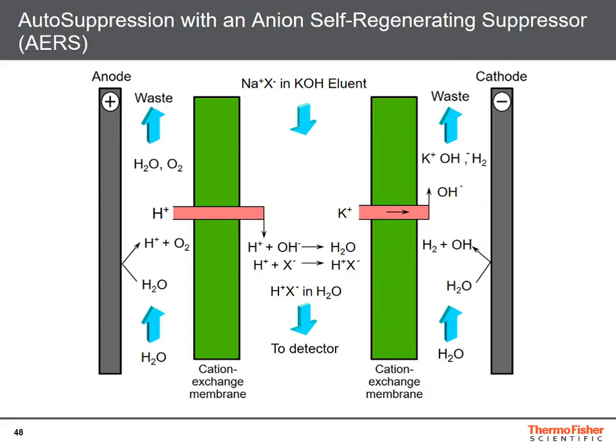Likewise, all the cations in my mobile phase, or the cations of my analyte species, are also migrating through the cation exchange membrane towards the cathode. In this way, I get the conversion of potassium hydroxide eluents into water and the conversion of the analyte species into the corresponding acid.